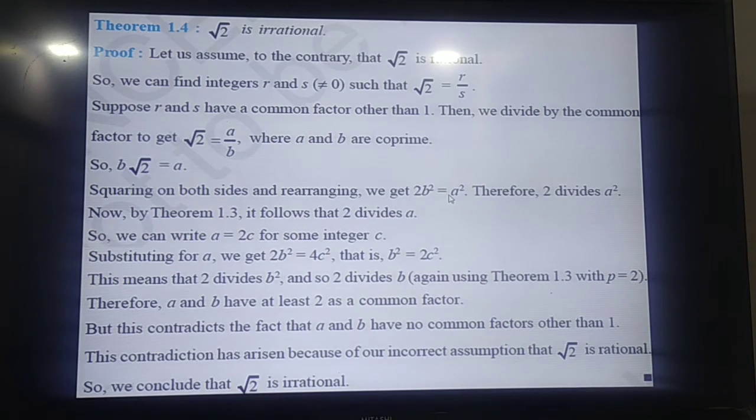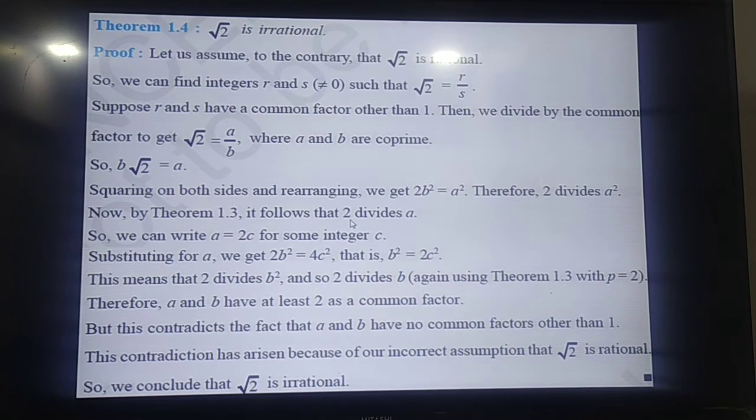A square equal to 2b square means that this a square has factor 2, means 2 divides a square. 2 divides a square means a square has factor 2. If the square of any number has factor 2, then the number also has factor 2. So it means that 2 divides a also, means a has factor 2 also. A square has factor 2 means a has factor 2.